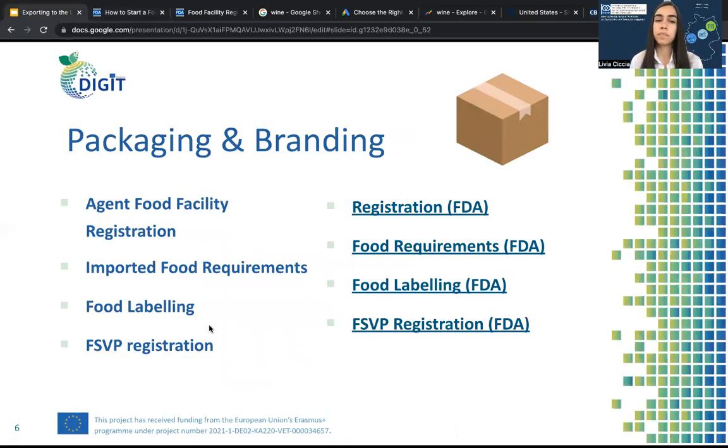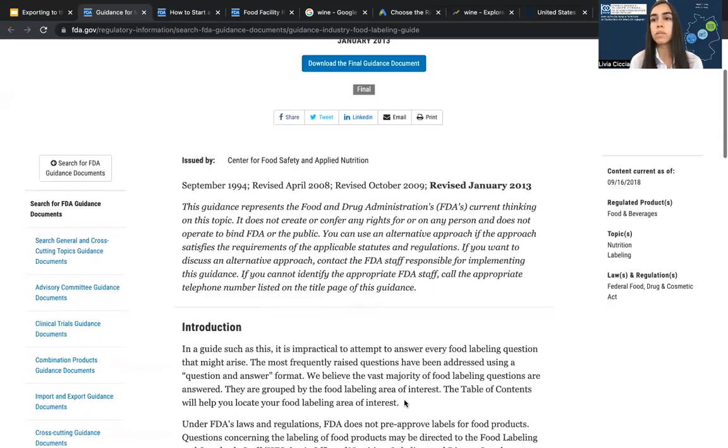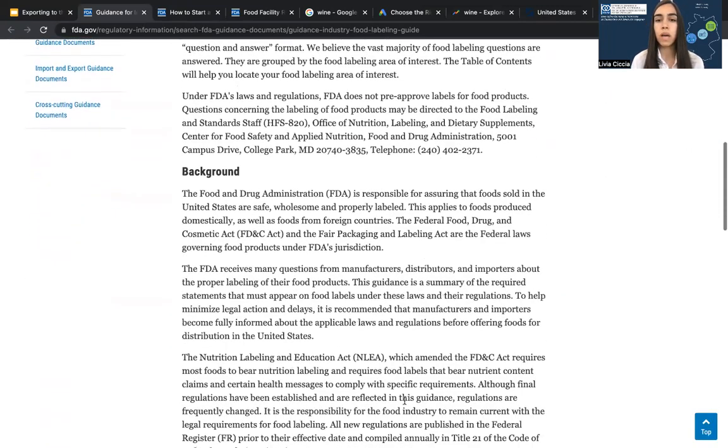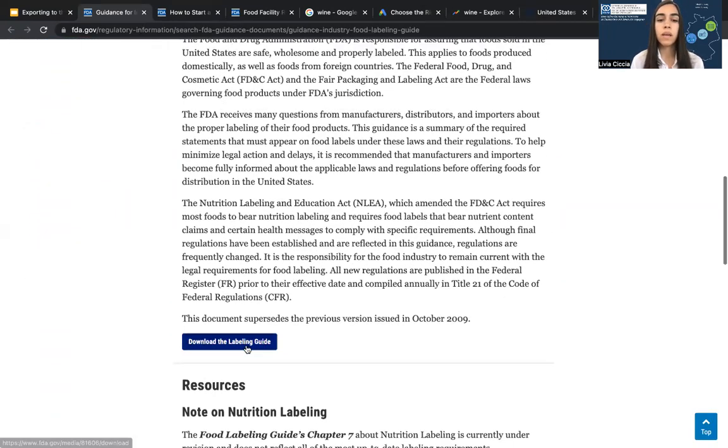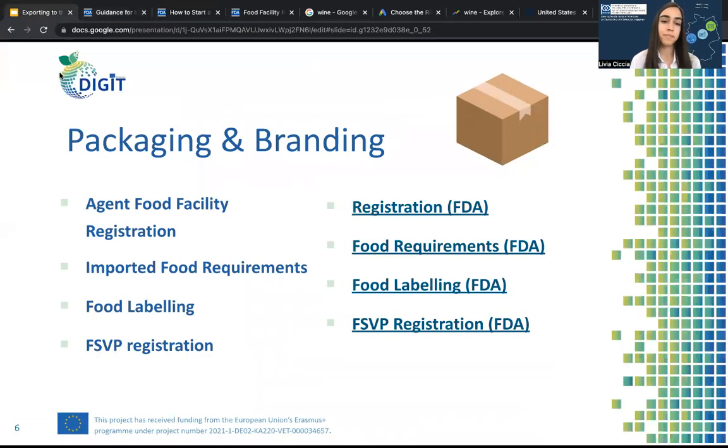Because another requirement for imported foods is specific labeling information and the nutritional factors. So you can find more information about food labeling on this website. You can easily download the guide that will let you know all the rules and all the things you have to take care of when labeling your product for exporting.